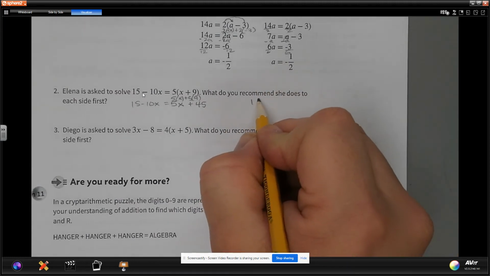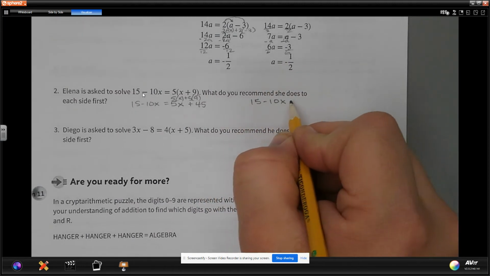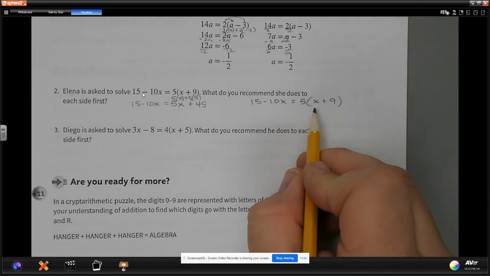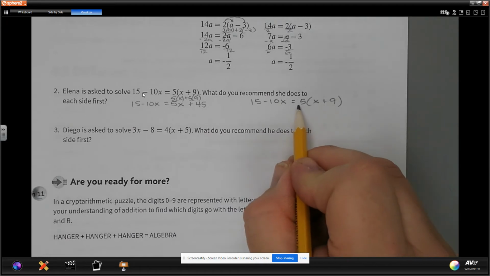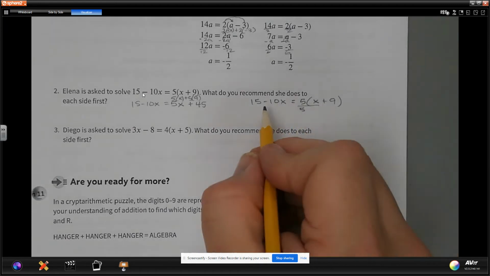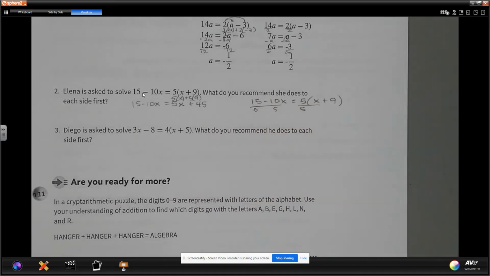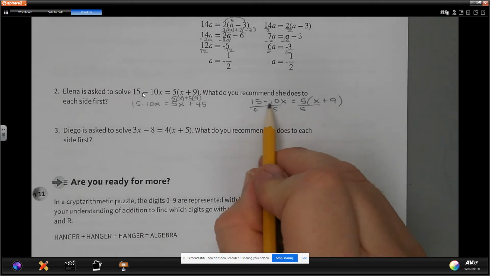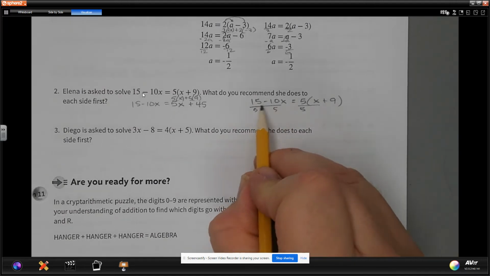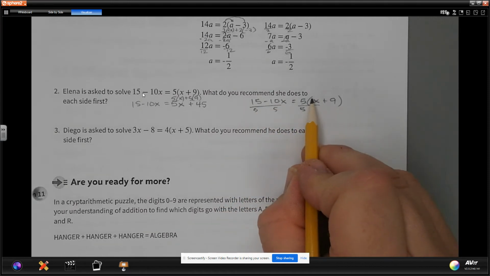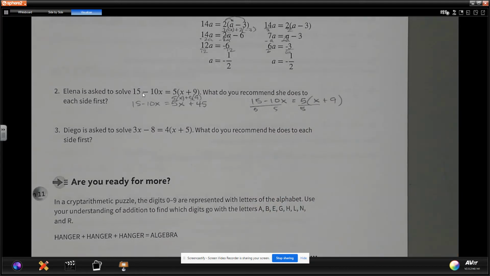Optionally, she could go like this and eliminate that 5 off of the expression on the right first, because it's multiplying this group by this group. So if I make this expression 5 times smaller, and I make this expression 5 times smaller, you might notice that I wrote the 5 underneath the 15 and the 10. It's because these two terms are separate in this expression, and the 5 and the x plus 9 are two separate terms. This is a term all by itself because it's grouped up in the parentheses.